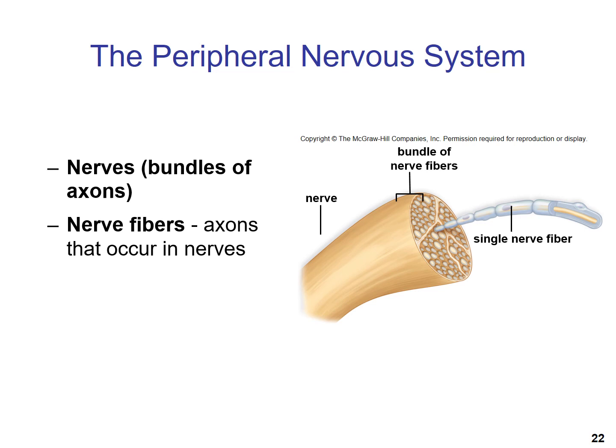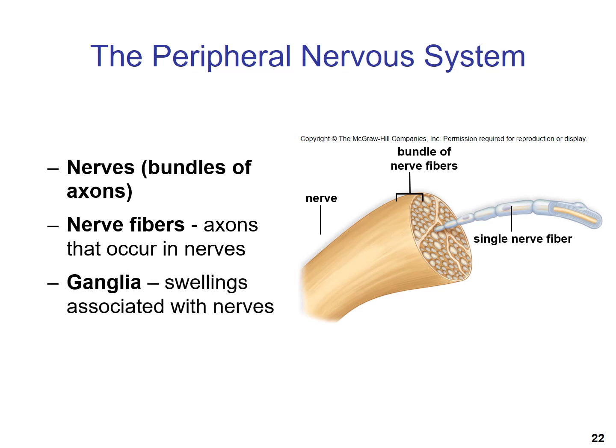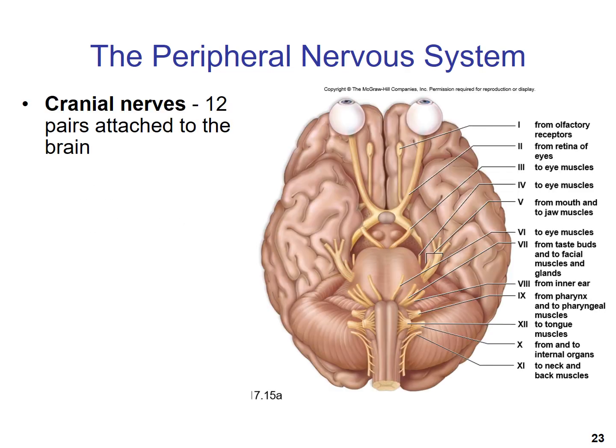So once you take a single axon and you bundle it in with a lot of other axons, basically you've got a nerve. Ganglia are swellings that are associated with nerves, and we're going to wait on that one. I'm going to show you that a little bit later in this PowerPoint.